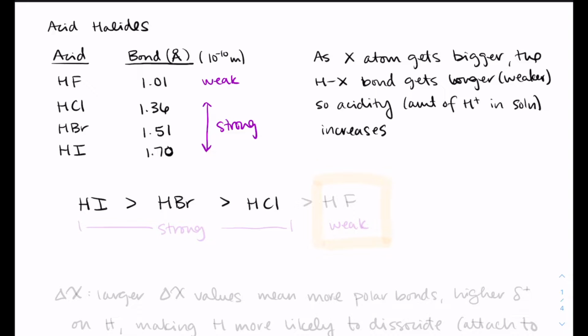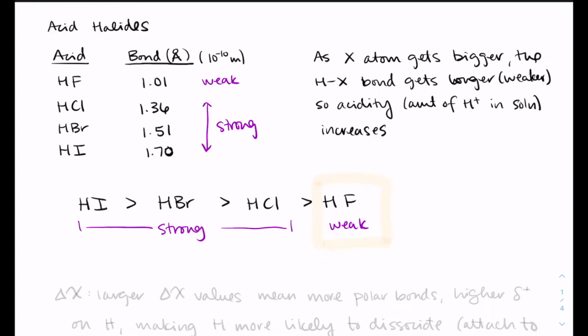You might get a differentiation between strong and weak at a different spot. We just happen to have three that fall into the strong category because we're in water. If we ranked them though, HI would be stronger than HBr. It's just that under these conditions, all three of them can be strong.